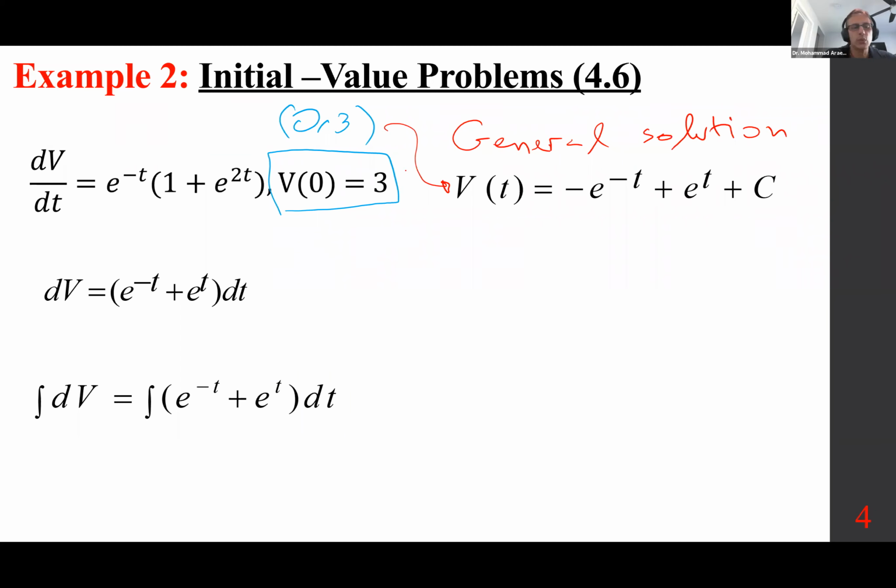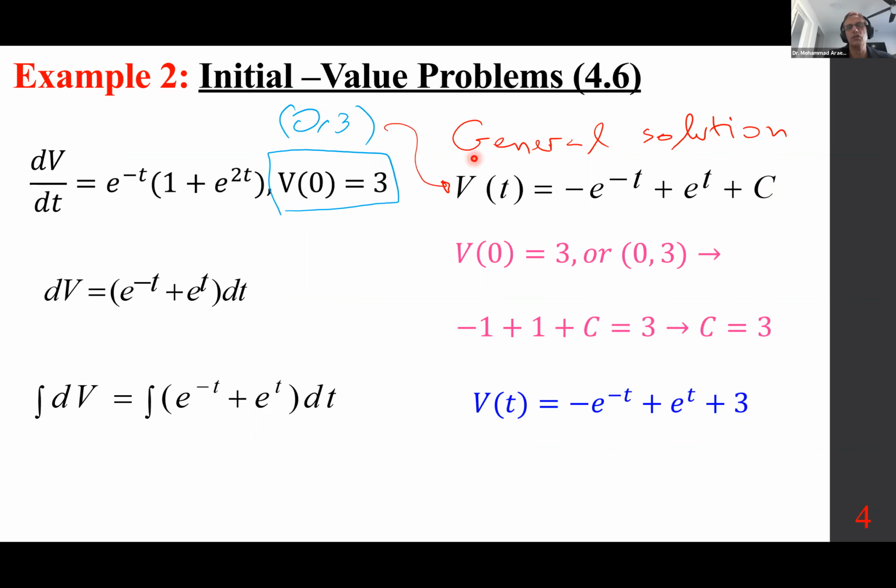Please understand, when we replace the t with 0, this becomes e to the power of 0, which is 1, with the negative sign in front of it. This is negative 1. This is positive 1 and a constant. Therefore, these two cancel each other. C becomes 3. Replace it here.